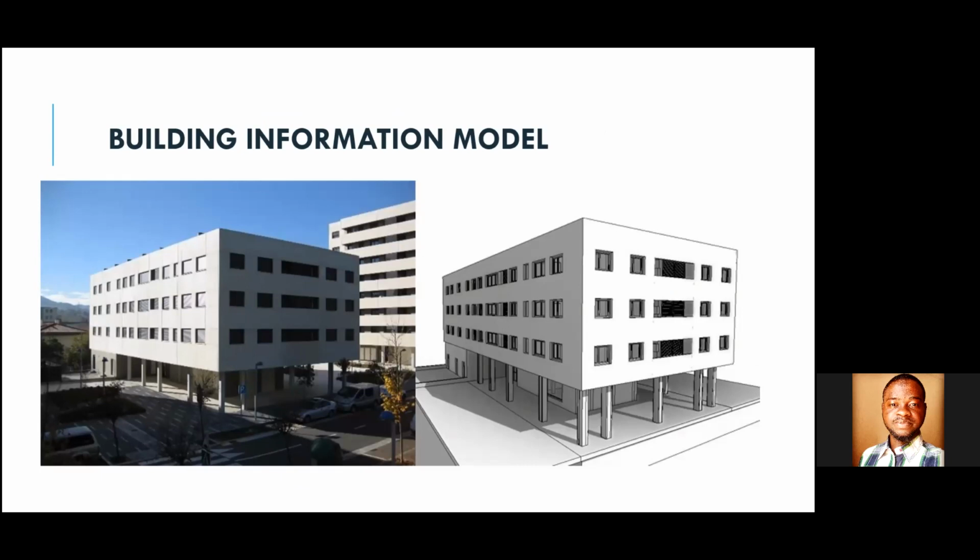So for example, there are two images here. One is on the left side and one is on the right side. The left one is the actual building which has been constructed on the site, right? And on the right side, we have a virtual building that has been constructed inside a computer environment, or you can say a virtual environment, right?